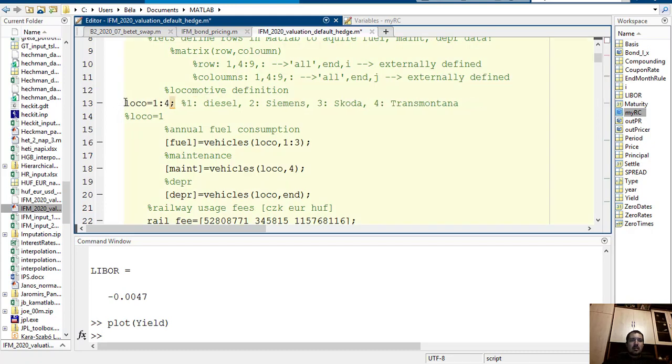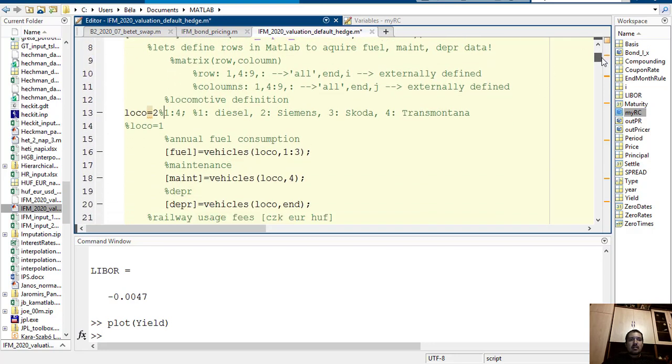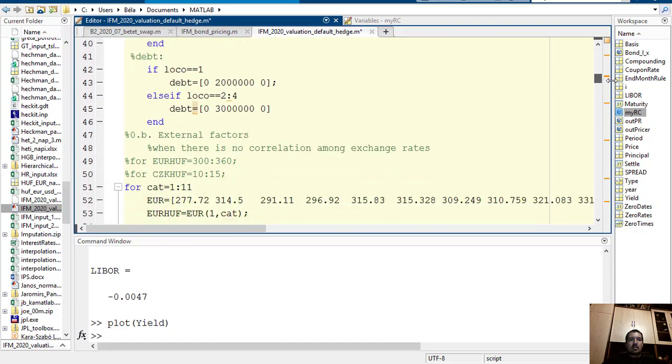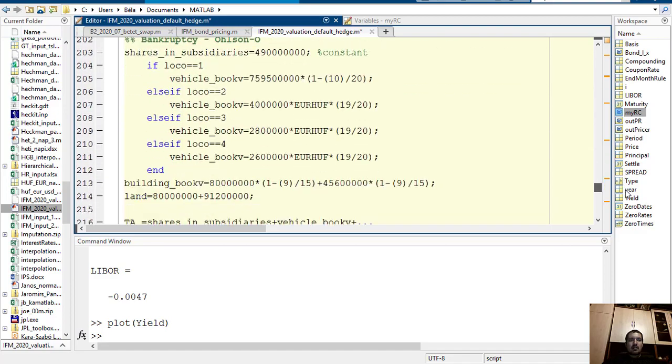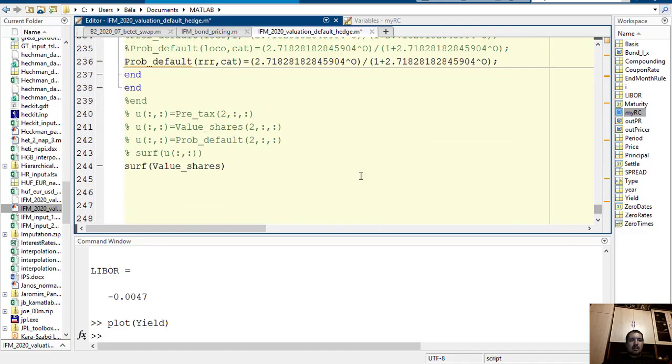Let's remove the for cycle completely from here, and let's say that we are using Siemens. That's all. Cat is cat. And we need another end to make this work. Oh, not, because we removed the other for cycle, so we don't need another end. Let's see, is this working or not?